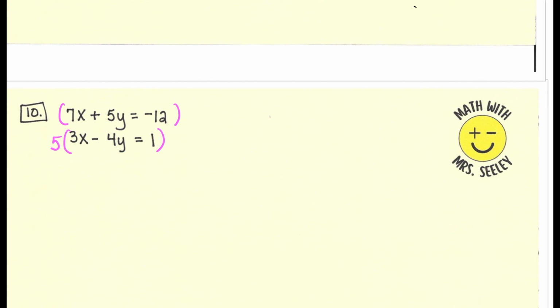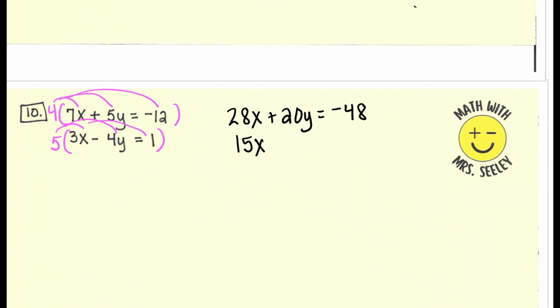If I have a 4 in the bottom equation, I'll put that in the top equation. All right, let's distribute through, and that gives me 28x plus 20y is equal to negative 48. I'll distribute that 5 to everything there, and that gives me 15x minus 20y is equal to 5.